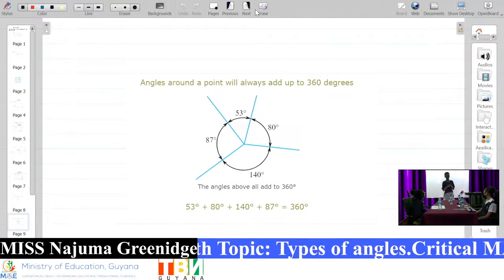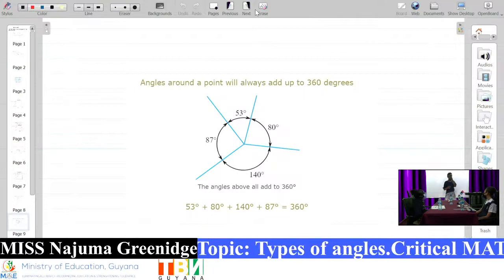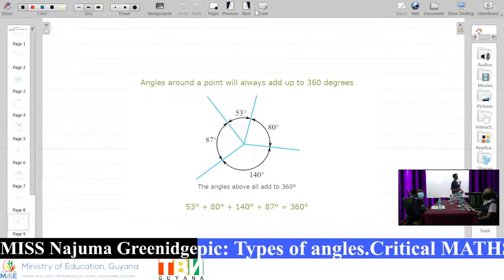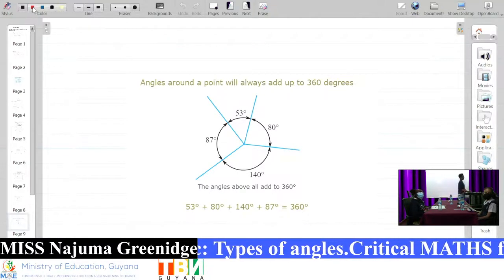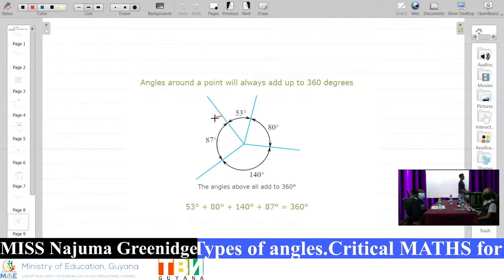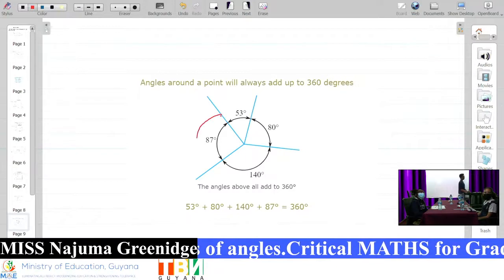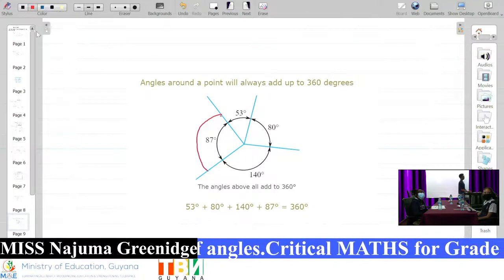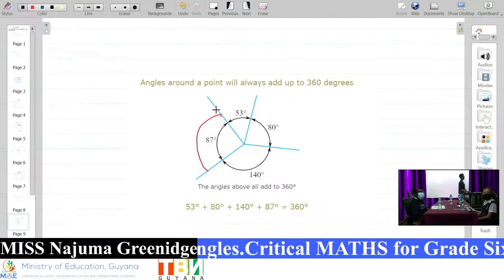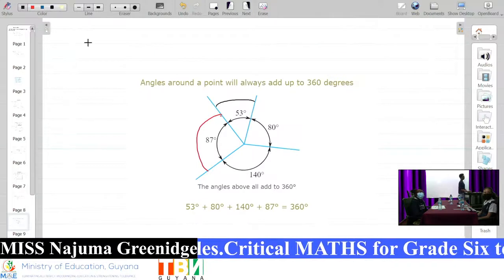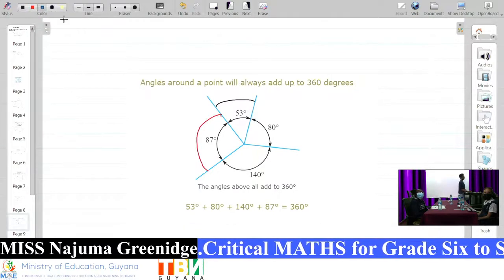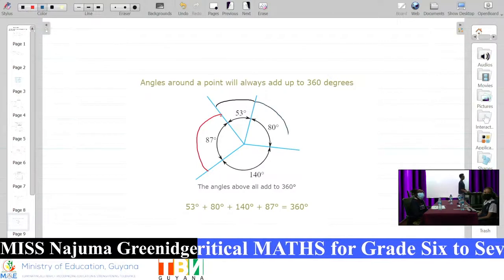360 degrees. All right, so in our example there, let me use a color scheme here. We have this red angle here, that's 87. In black, we have 53. Blue, I can use green, one here is 80.